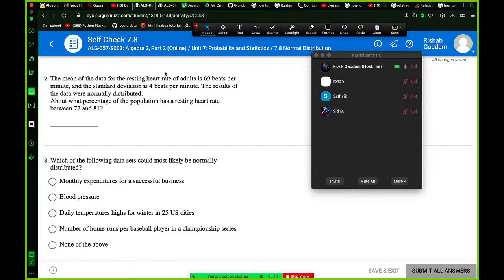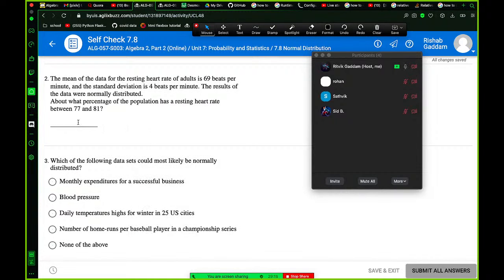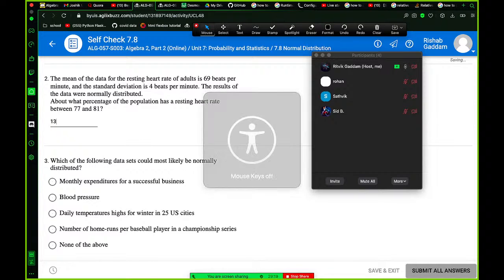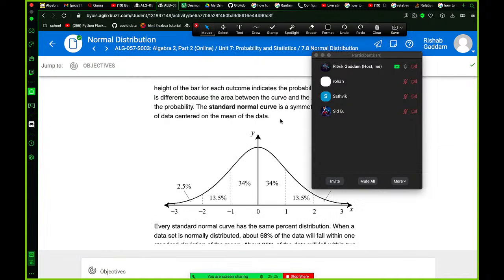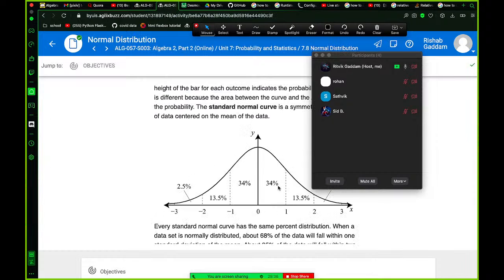So this is the answer. Basically, it's just super easy. It's 13.5% of the population, because over there it said that the standard deviation is 4 beats per minute, right? So if we go back here, let me get the drawing tool. This is the mean.